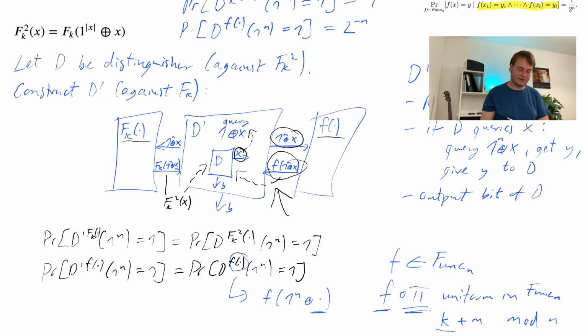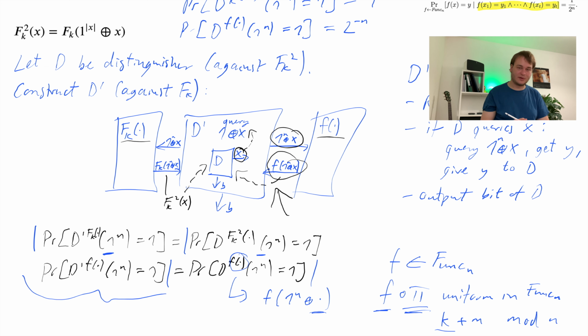What we can then say is if we take the difference of these two, then this is equal to the difference of these two. And well, what do we know? We know that fk, so not fk2, but fk, the original PRF, is a secure PRF.